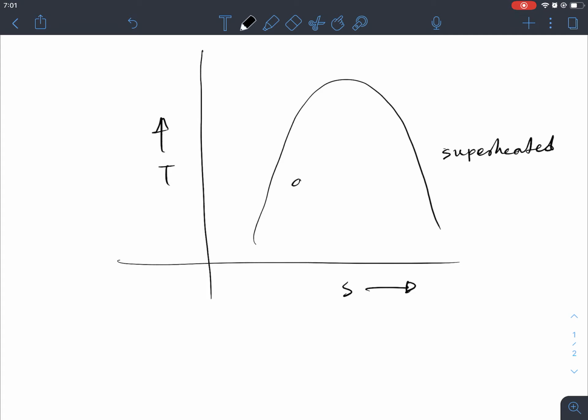This is the liquid vapor mixture, and this is completely liquid, right? And this is the critical point, from where the liquid starts to become the vapor. So here in this chapter it starts with the gas vapor mixture, right?